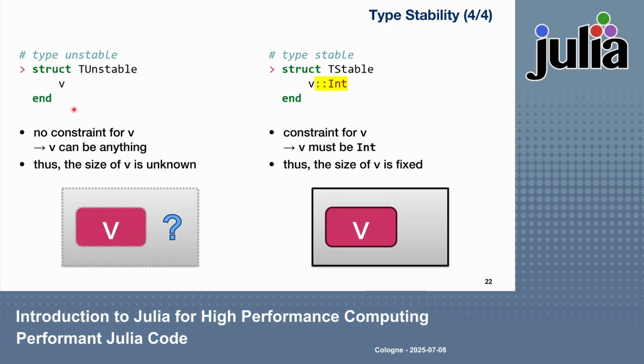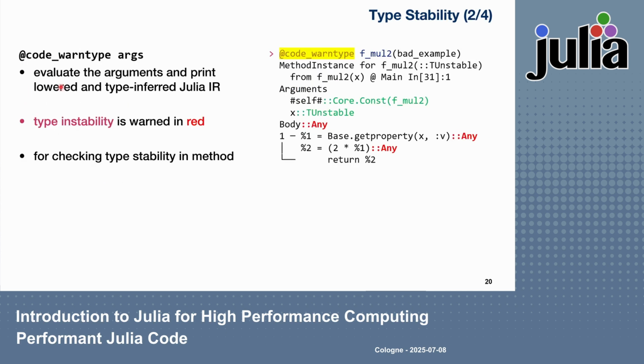Yes. First, thanks for your question. If you do not specify, for example, the type information here, maybe you can see my laser pointer, for this variable inside this structure, the Julia compiler, maybe in the future, may be much smarter, but currently the Julia compiler may not be able to identify the type of this variable v clearly, and then just uses Any, like you have seen here.